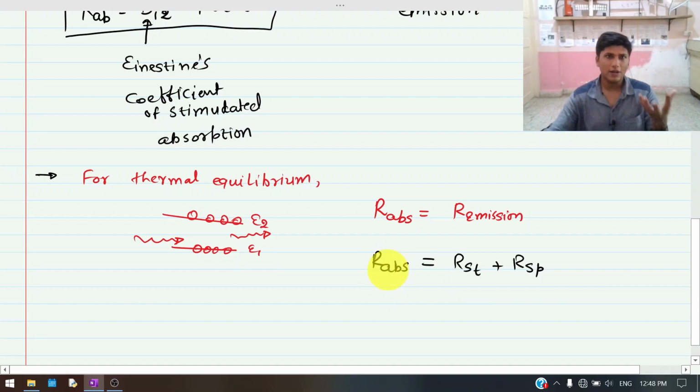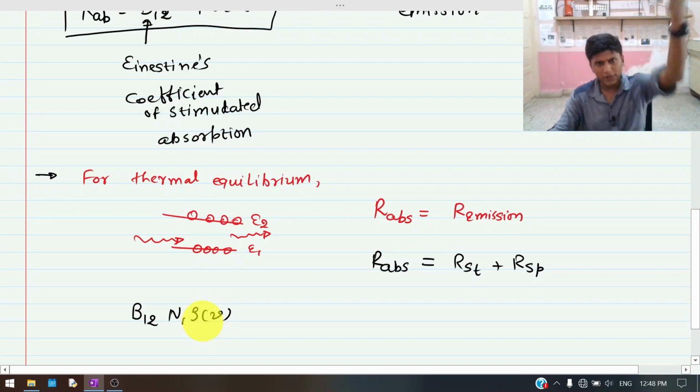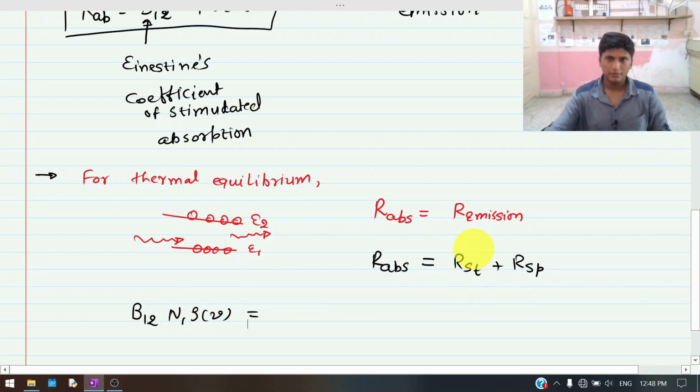Now what is R absorption? It is B going from 1 to 2, depends on N1 and rho of nu. More density of incoming photons, more will go up. More particles in the ground state, more will go up. What is the rate of stimulated emission?